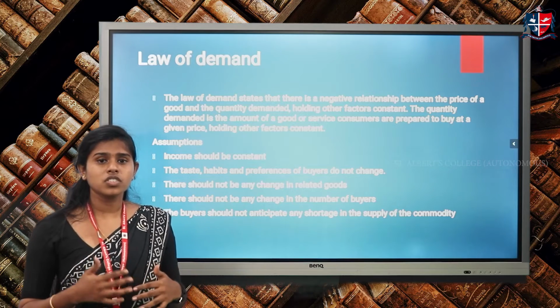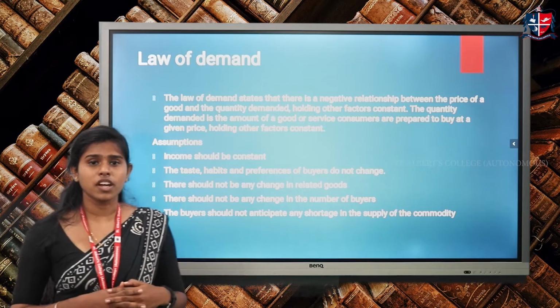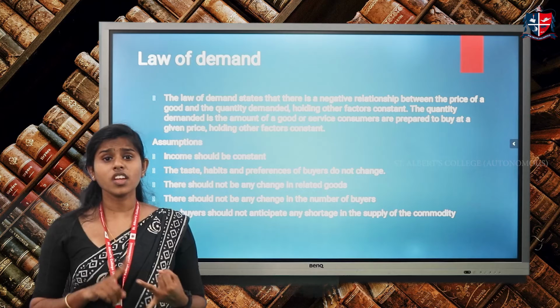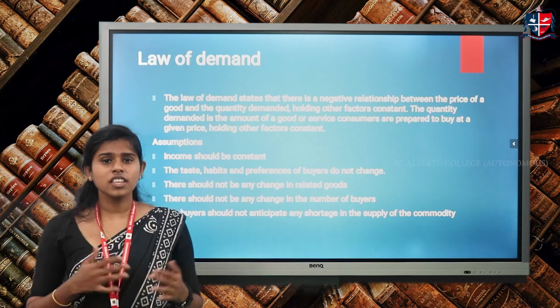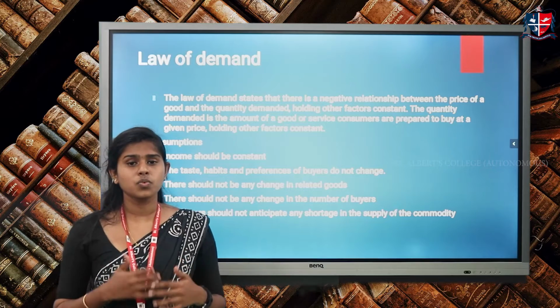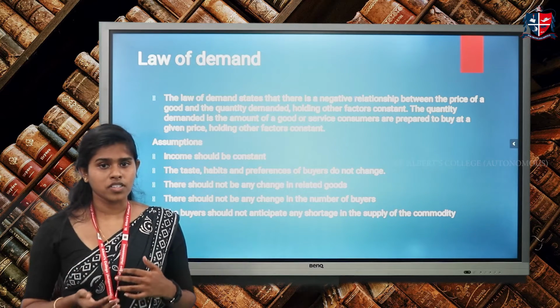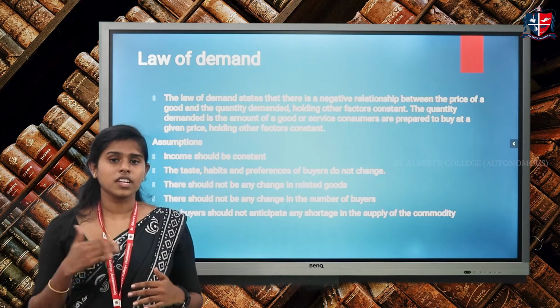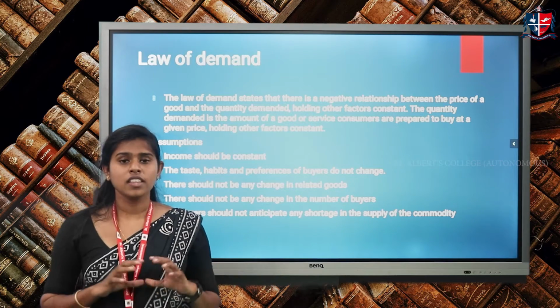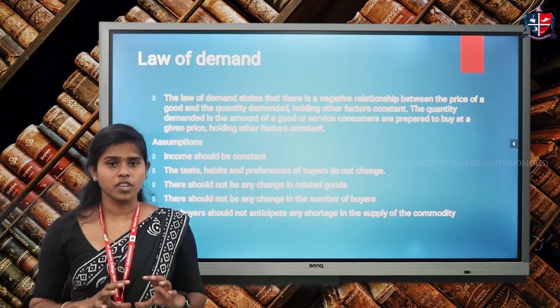Some other factors which cause a decrease or increase in demand are the income of the consumer, the taste and preference of the consumer, and the price of related goods. These are some factors which influence the demand for a commodity. So these other factors remain constant. When the price increases, the demand decreases, and vice versa. This is specifically known as the law of demand.